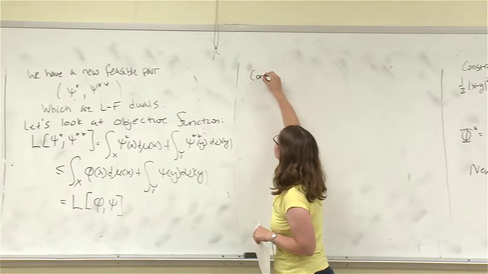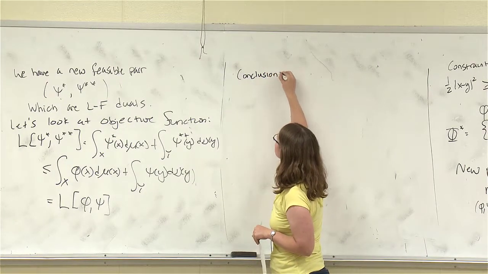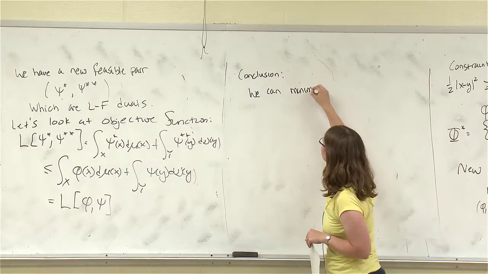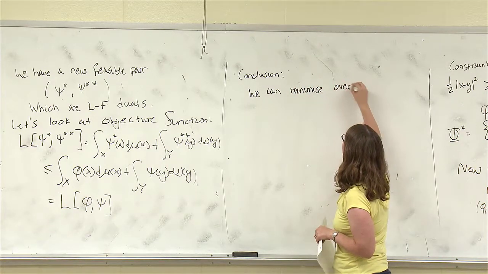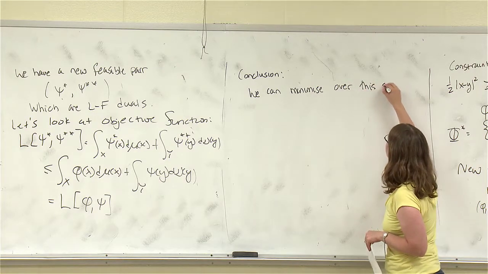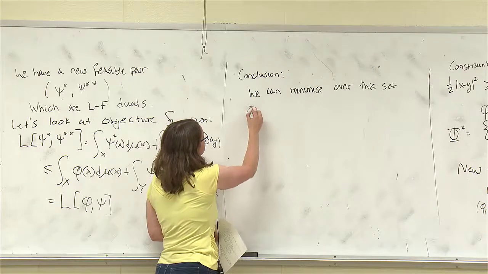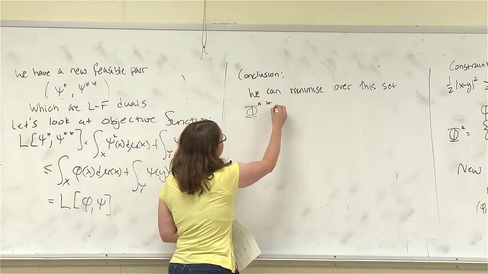So this is our conclusion. We can minimize over this set, let's call it phi double star.